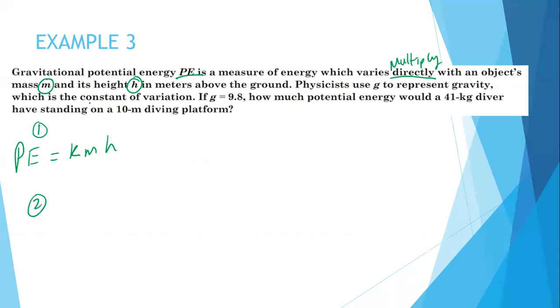They said our constant of variation is gravity. So we already know that K equals G, which equals 9.8. Do we see that? Because they told us our constant. So step 3, our equation is potential energy equals 9.8 times the mass times the height.